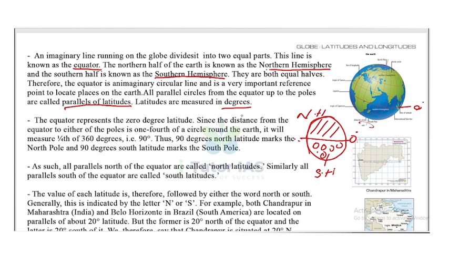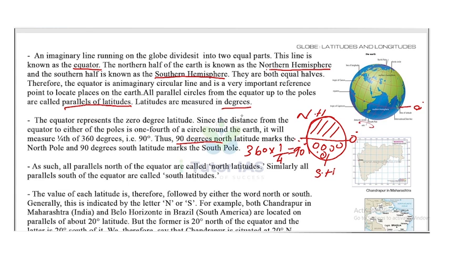Since the distance from the equator to either of the poles is 1/4 of a circle around the Earth, it will measure 1/4 of 360 degrees. So we calculate it as a total of 360 and its 1/4, that is 90 degrees. Thus 90 degrees north latitude marks the North Pole and 90 degrees south latitude marks the South Pole.